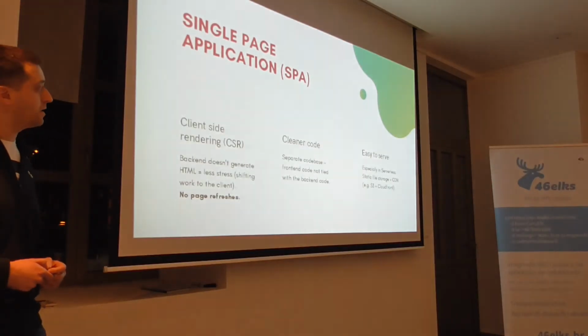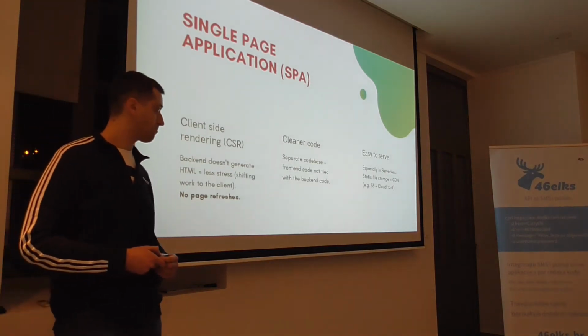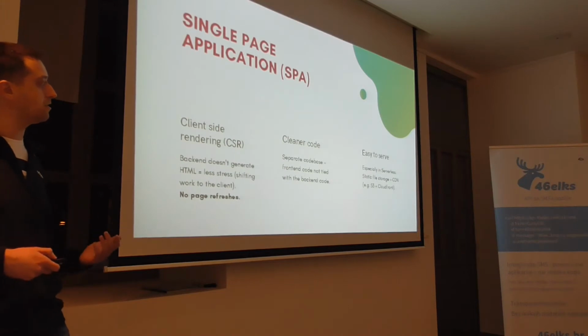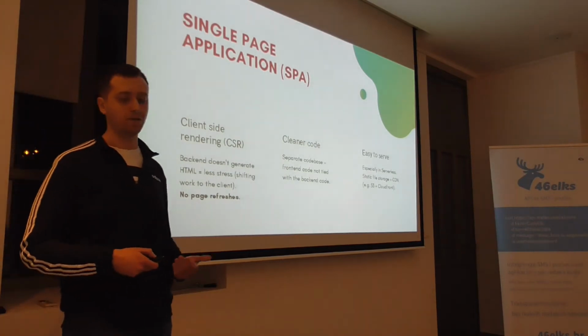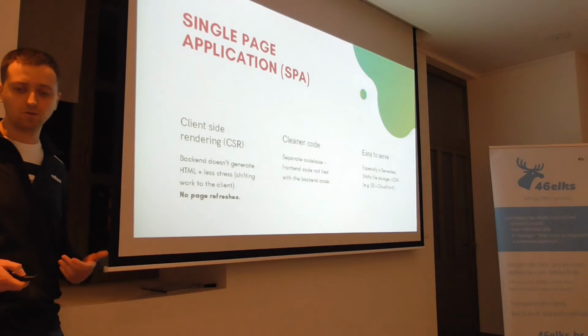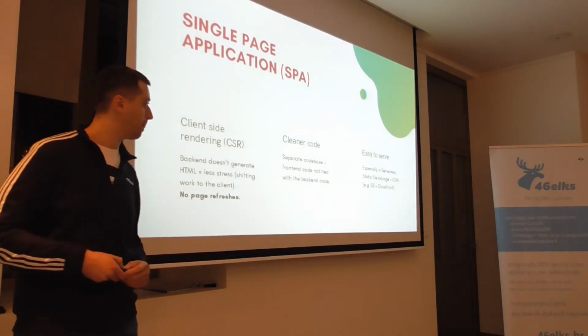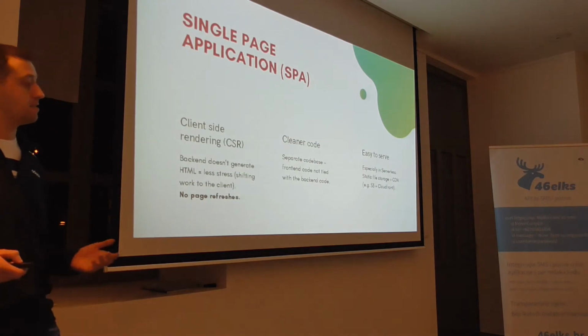And finally, single-page applications are easy to serve, especially if we are talking about serverless technology. So basically, we create a production build of our single-page application. We upload that to a static file storage of our choice, for example, Amazon's S3, and that's it.